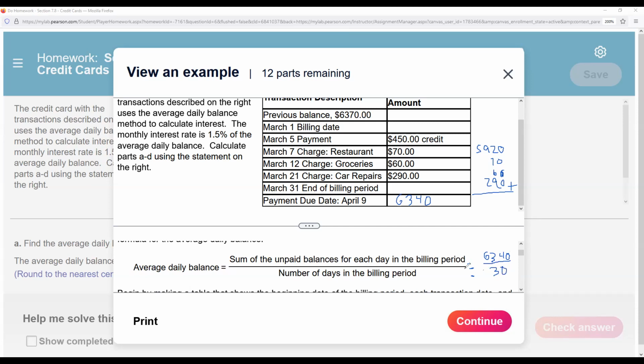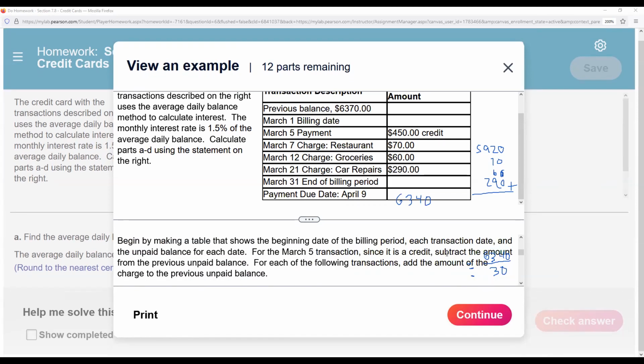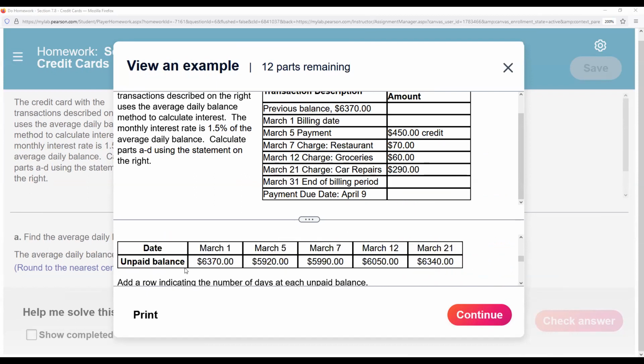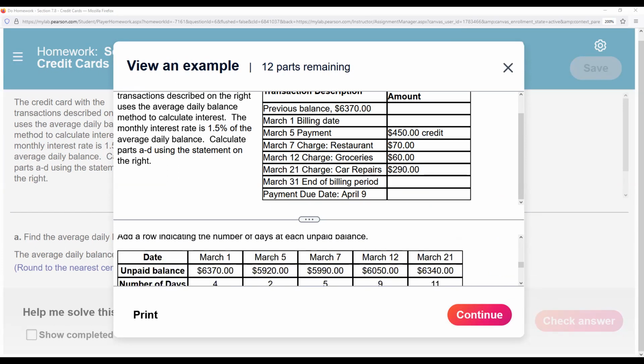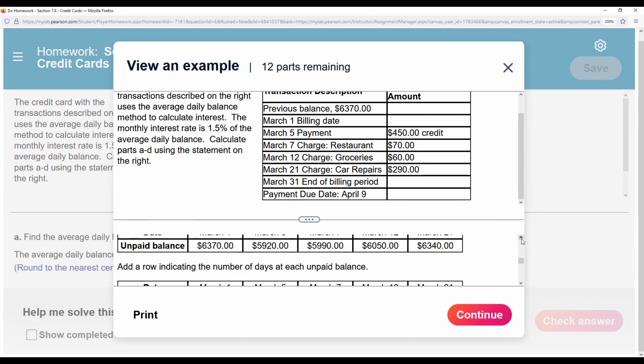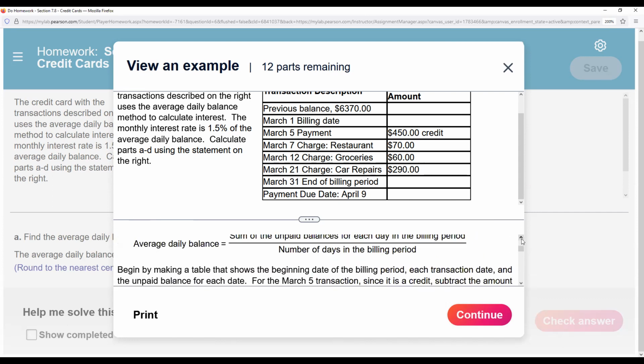What is that gonna be? 211. Let's see if we got it. So here's the unpaid. We got 6,340, right? Number of days. Interesting.